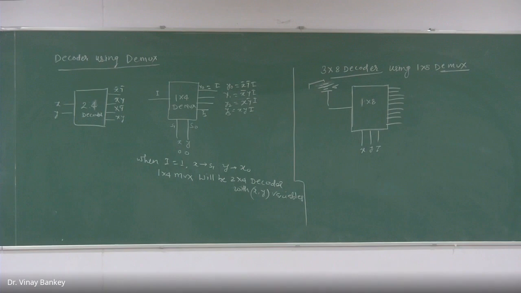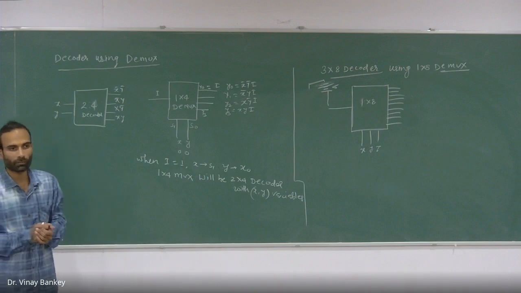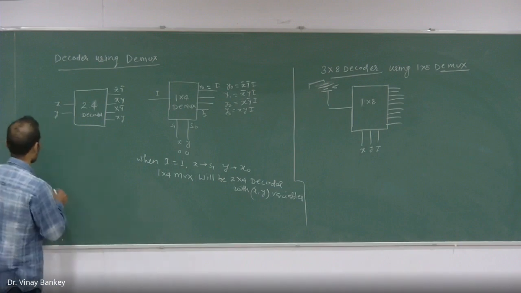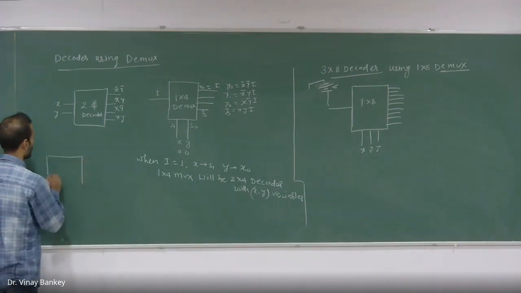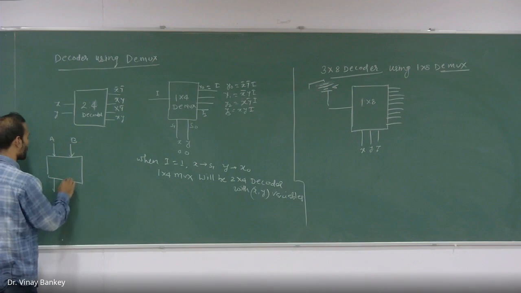Okay, so before moving to ALU, there is another combinational circuit that is known as a comparator, which compares bits. So let's suppose I have a comparator here which will have 2 inputs A and B. So there will be 3 outputs.